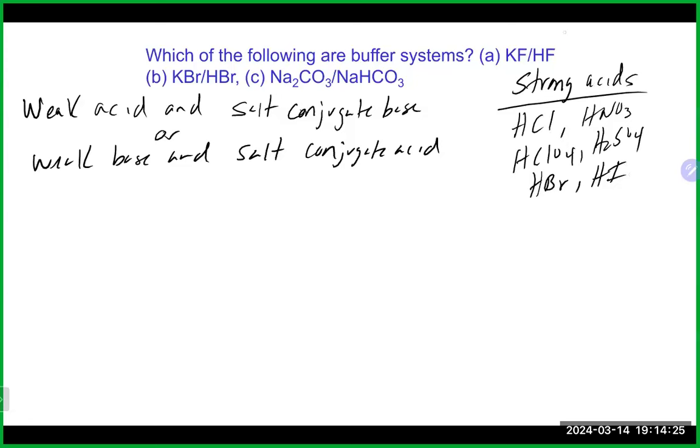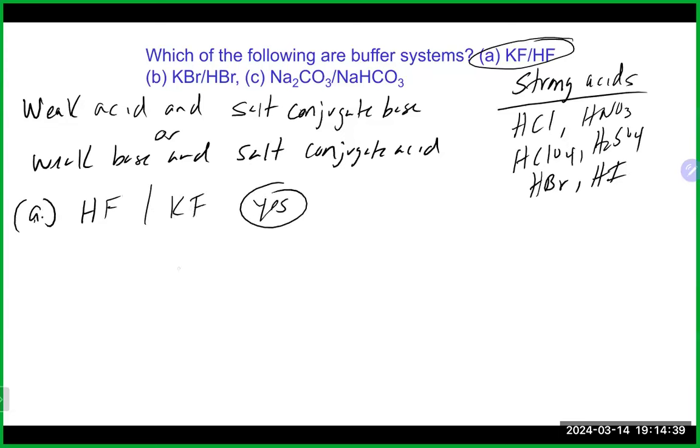So here we have HF and KF. Would that be a buffer? HF and KF, yes, would be a buffer because this is a weak acid. And once again, I don't see it on this list, so that's probably going to be weak. And KF, again, is really a salt that's K plus and F minus.